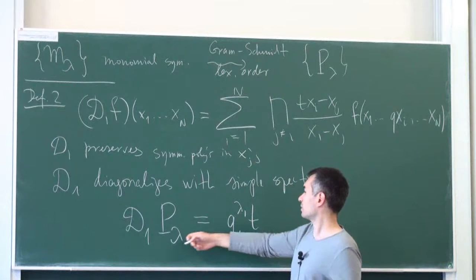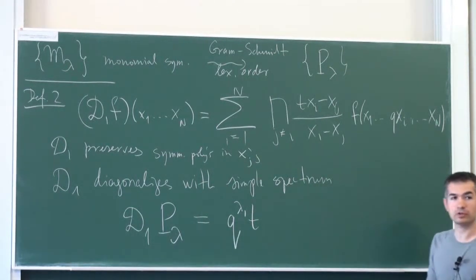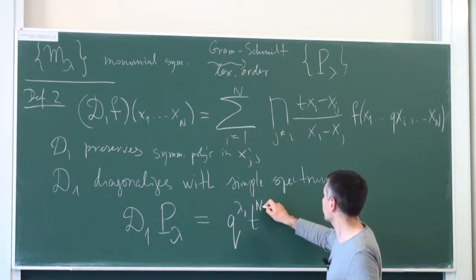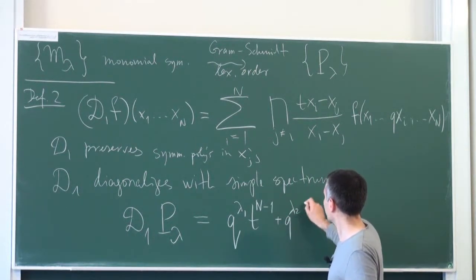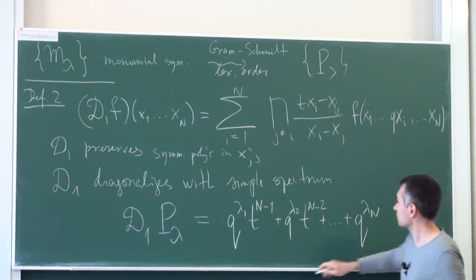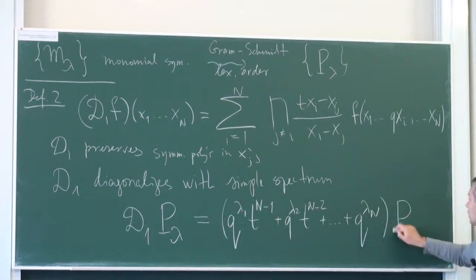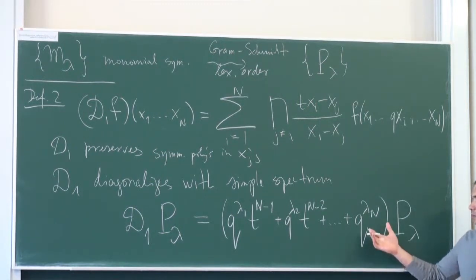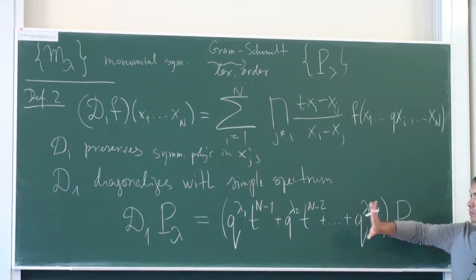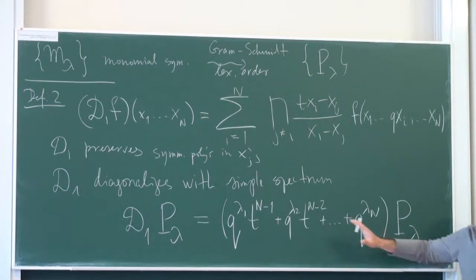So I guess the first statement is that the eigenbasis is parametrized by partitions with at most n parts. This is the eigenvalue that depends on q and t. And the eigenfunctions are called Macdonald polynomials. It's immediately visible that when q and t are generic, these numbers are going to be distinct. And so this actually completely defines, up to a constant, the Macdonald polynomials.